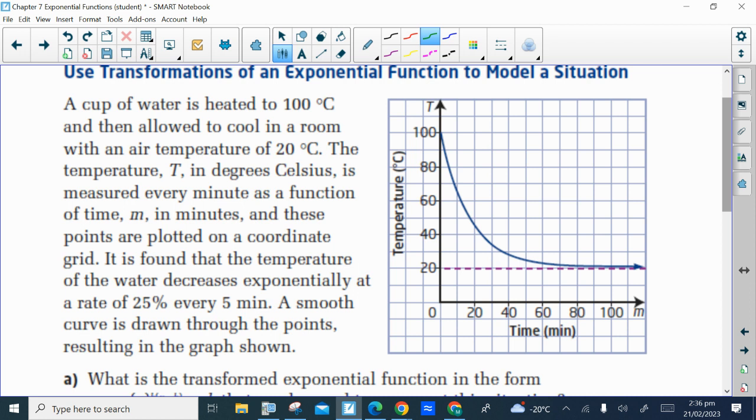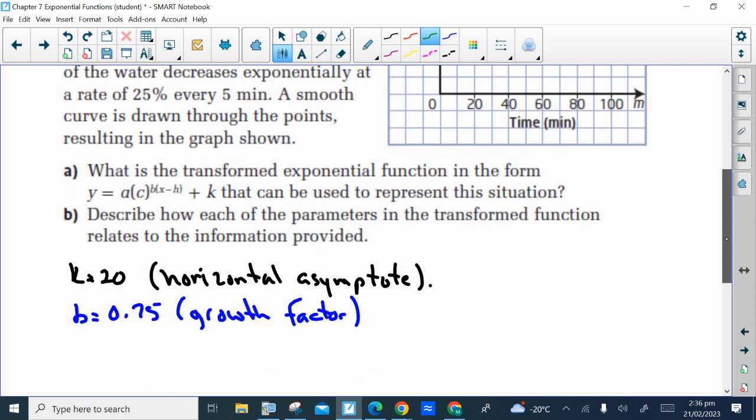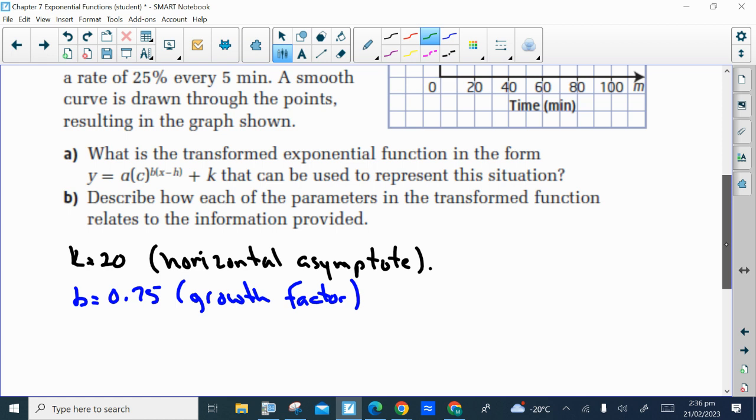That's the growth period. That's how long it takes, in this case, for the temperature to decrease by 25% or maintain 75% of its original temperature or the temperature of the previous 5 minutes. So p will be 5 minutes. That is the growth period.